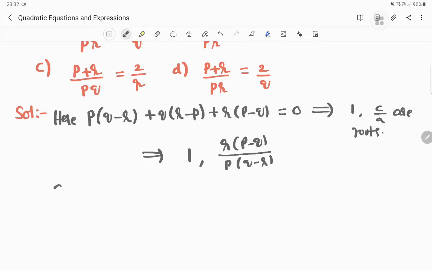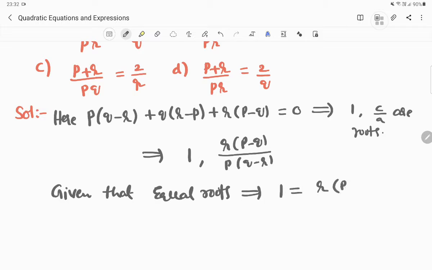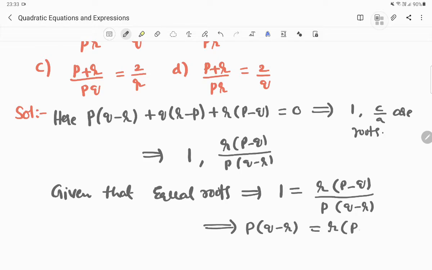So one root is 1, another root is r into (p minus q) divided by p into (q minus r). Both roots are equal. So cross multiply and simplify: p into (q minus r) is equal to r into (p minus q).